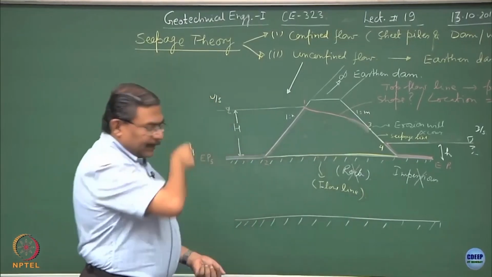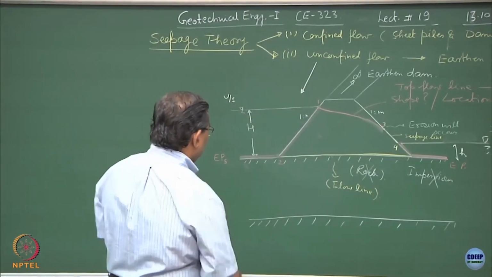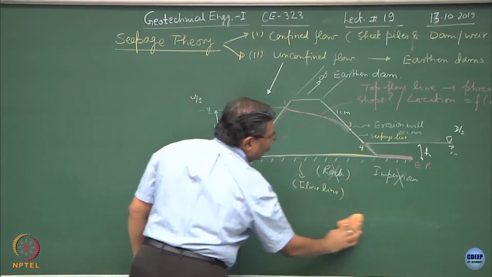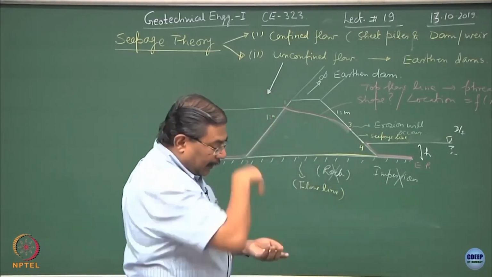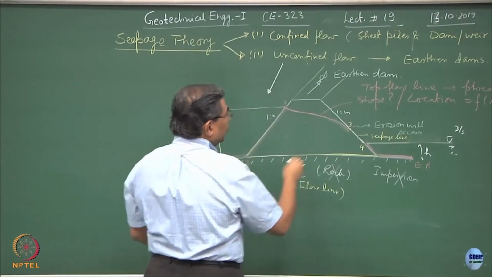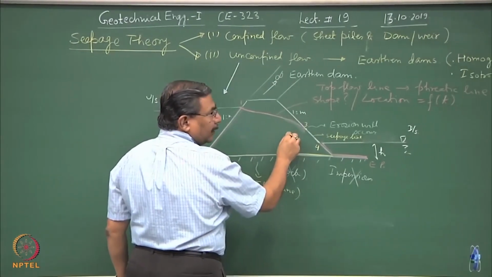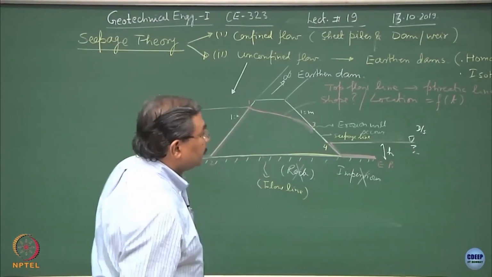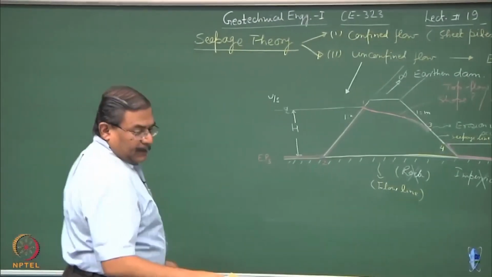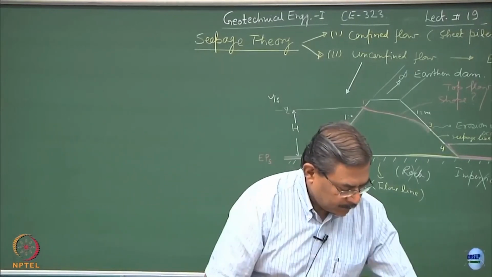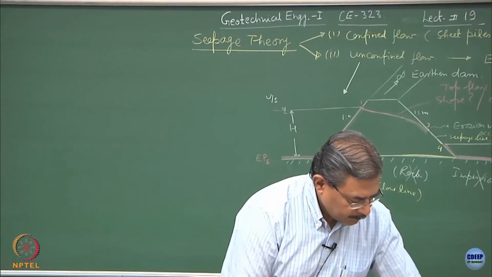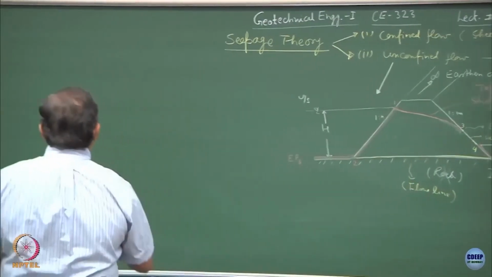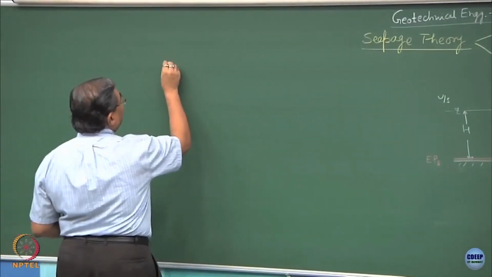So what I will do today is, I am not much eager to analyze the foundation system. I will go back to the unconfined flow problem through the body of the dam. Now suppose I consider the cross section of the dam.